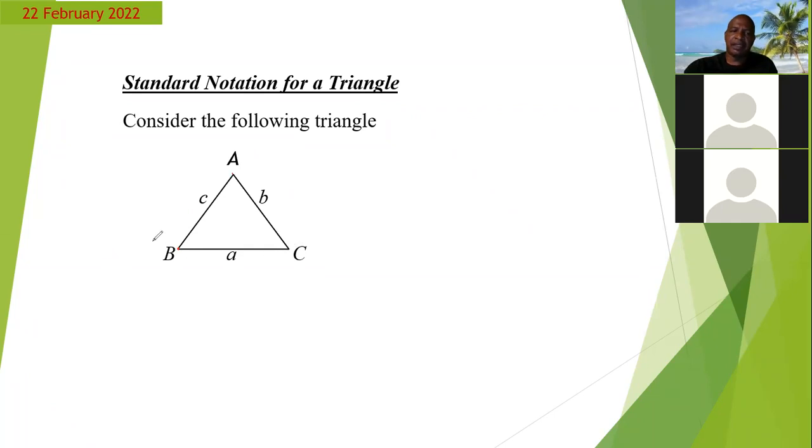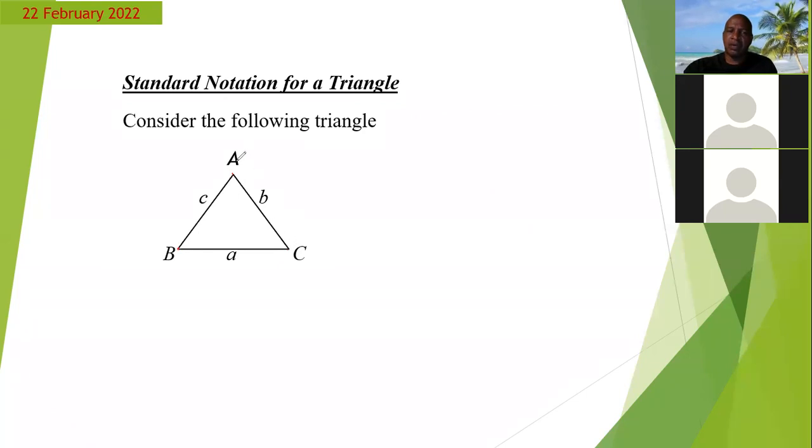And often it is common to label our triangle ABC. But ABC is not the only letters that we can use. We can use any other letter that we choose, right? But once you are labeling our triangles, our vertices are labeled with capital letters, all right?